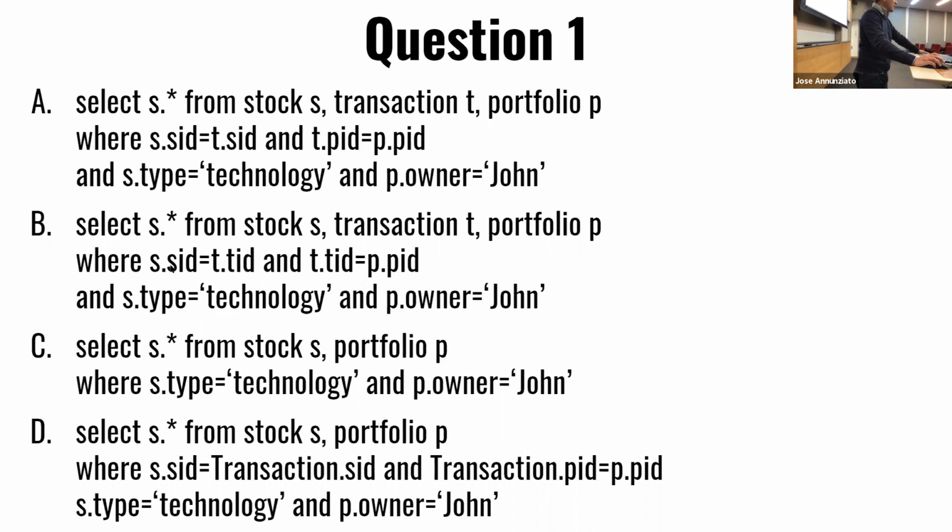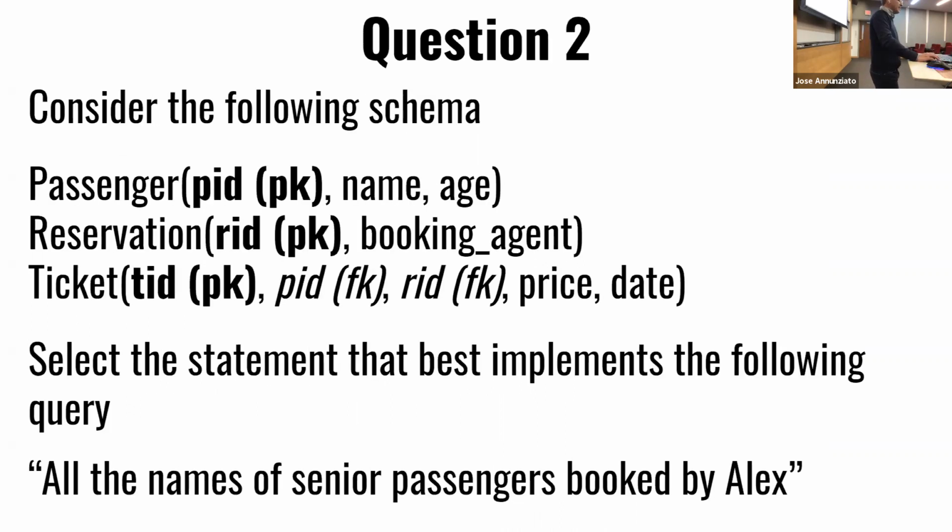So this is wrong, this is a primary key equal to primary key. I need to have a foreign key equal to primary key. Same thing here, there's a primary key equal to primary key. That's a giveaway that this is wrong. So it must be this first one. I would just look at it real quick to make sure there's nothing else wrong with it. So that's question 1.